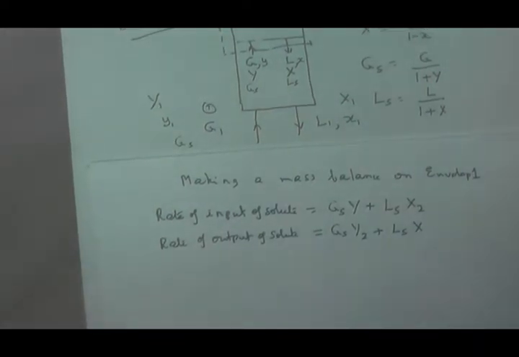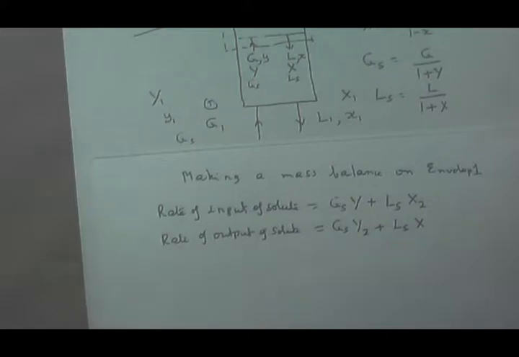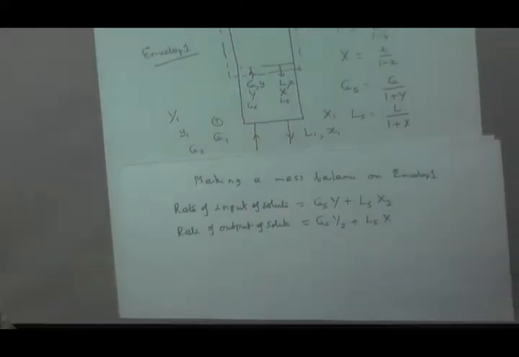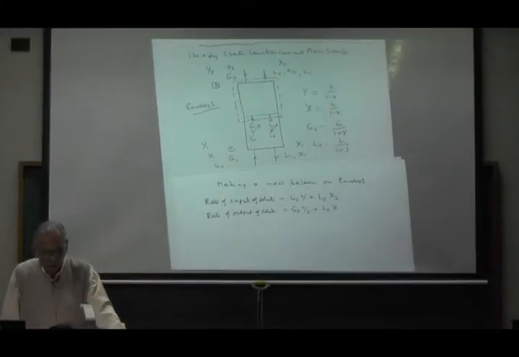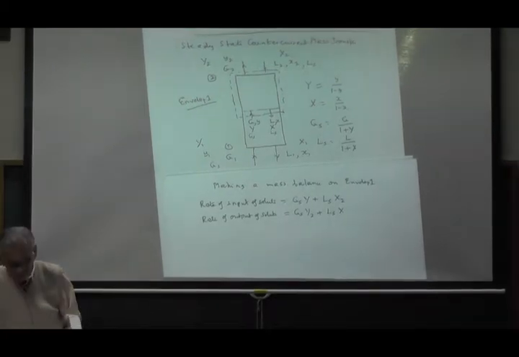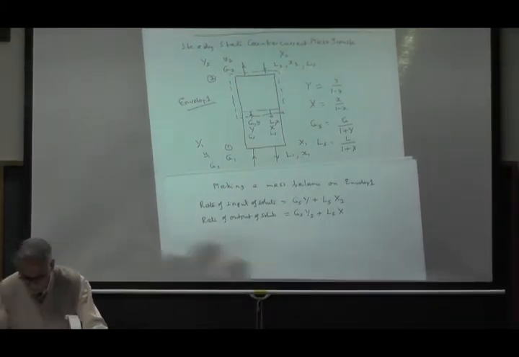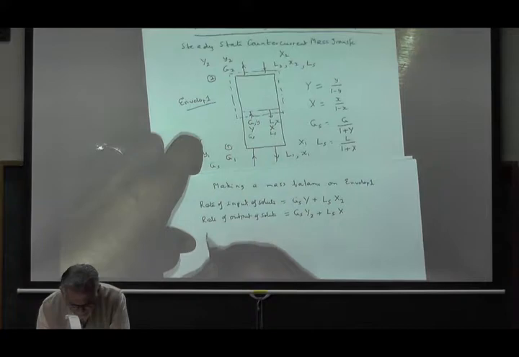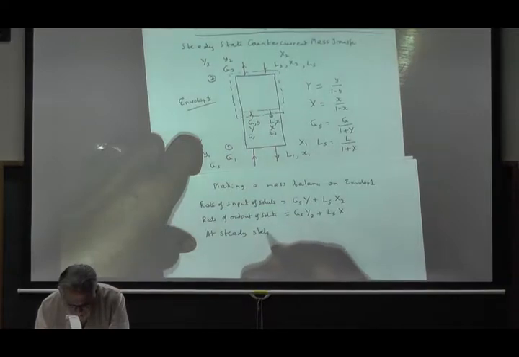So there is no reaction, so this is equal to this. At steady state, whatever is coming in is going out. It is just transferring from one phase to another. So at steady state, moles are conserved because of no reaction.